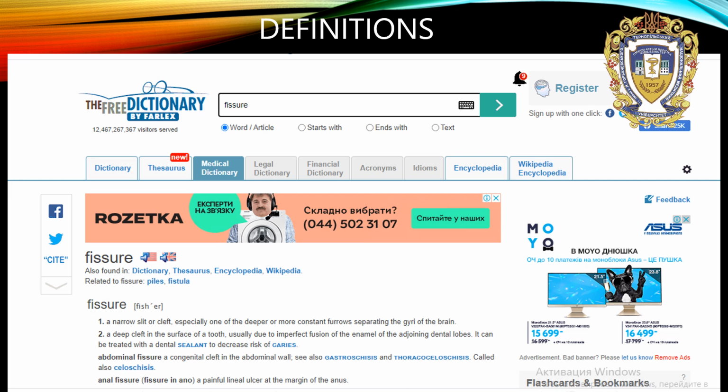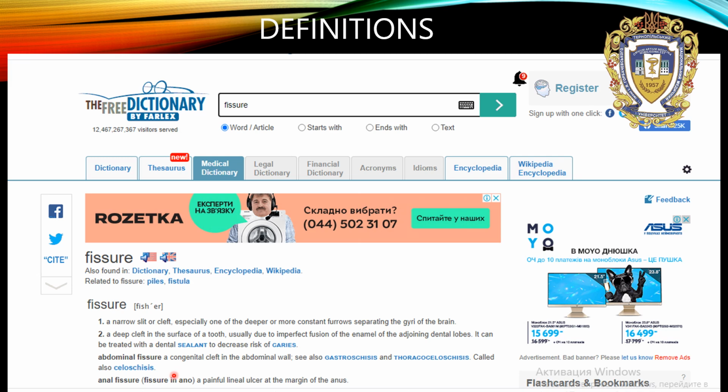If we take the Free Dictionary and ask the question in the medical dictionary chapter, what does fissure mean, we will see a few definitions.